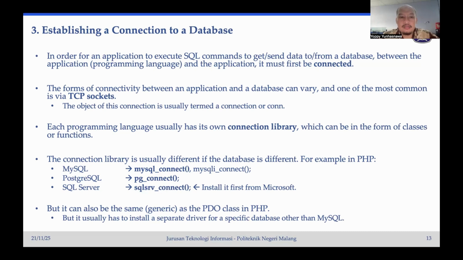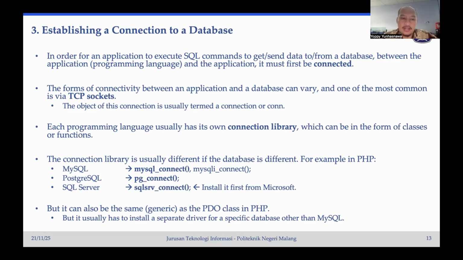For example, in PHP, there are several functions that we can use to connect to different databases, such as mysql_connect. This function is usually used to connect to the MySQL database. Other than mysql_connect, we can also use mysqli_connect, which is a more modern alternative.